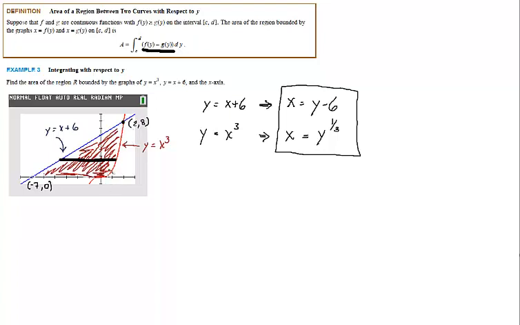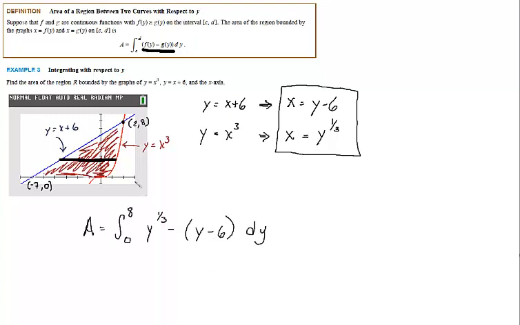I'm just going to concern myself with these y values, because my limits of integration go from y is 0 here because of the x-axis, on up to 8, because I'm integrating with respect to y. The function that is considered to be on top is the rightmost one, and that is y to the 1/3, minus this y minus 6, dy.